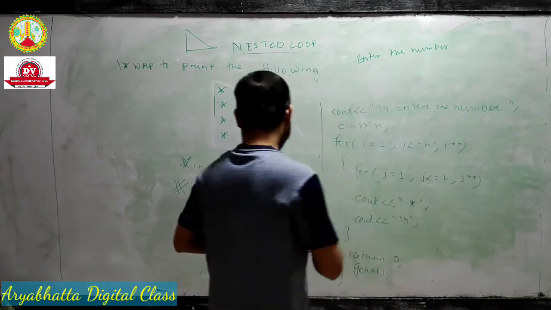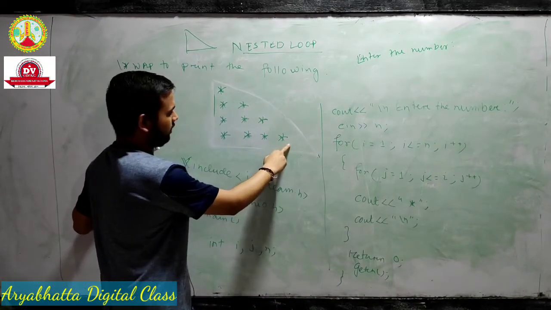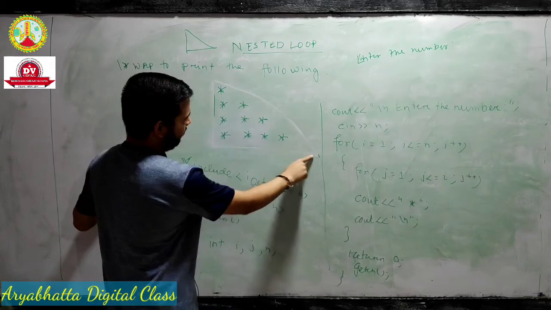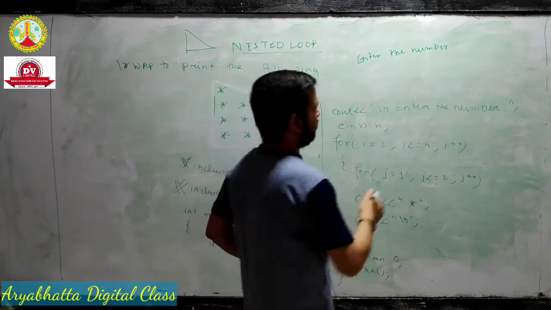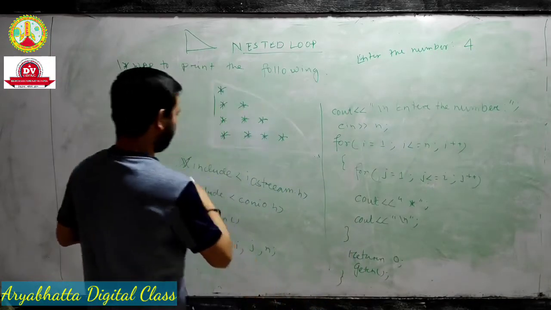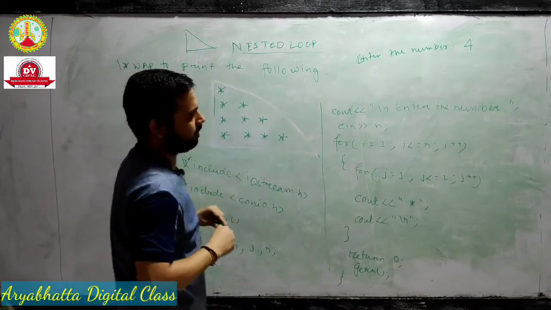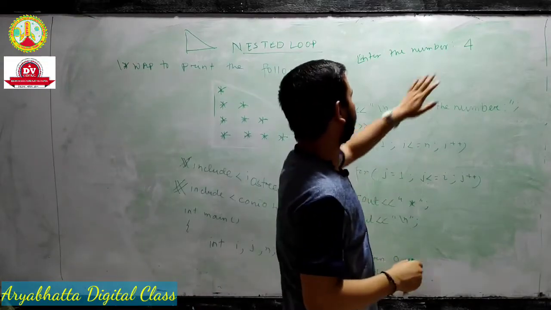If you take 4, your final printing of stars will be 4. If you take 5, your final printing of stars will be 5. This is the maximum. If we take 4, why do we take 4? Because here the maximum number of stars in one line will be 4. That's why I take 4.